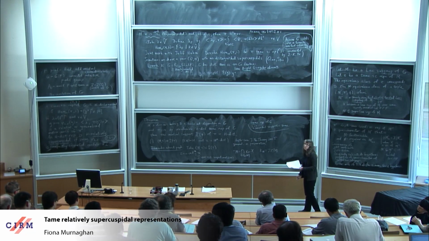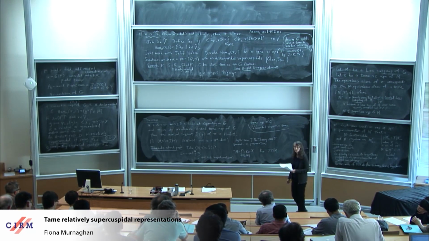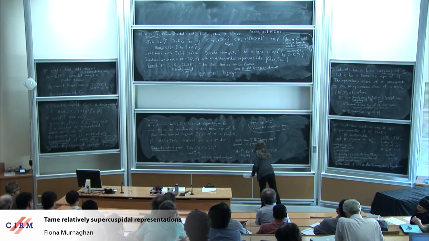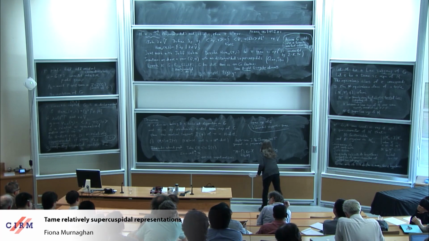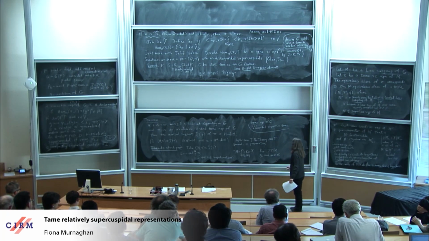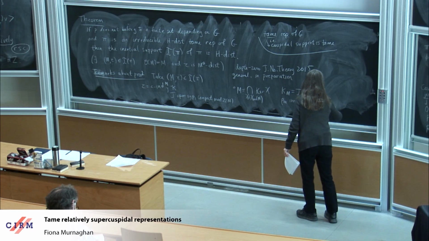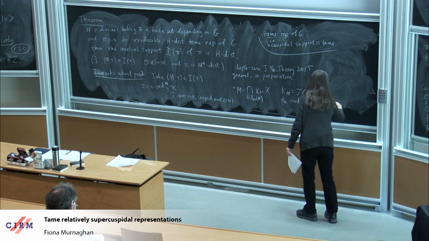So we're just going to take the maximal compact subgroup inside the inducing subgroup, and rho M, an irreducible constituent of the restriction, kappa restricted to K M.